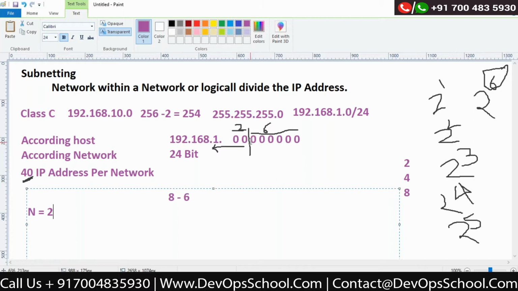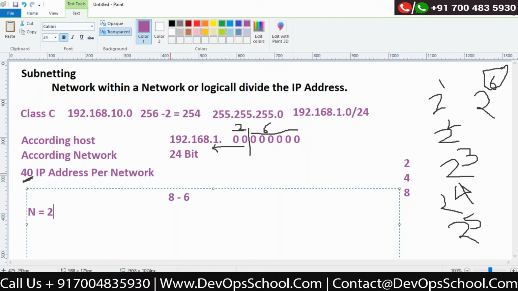Total host bits would be 8: 1, 2, 3, 4, 5, 6, 7, 8. And how many do I actually require? 6. So 8 minus 6 means 2 bits. If I convert them into the network, I would serve the purpose. So I am going to take these 2 bits and give them to the network side. Correct? This is very important.